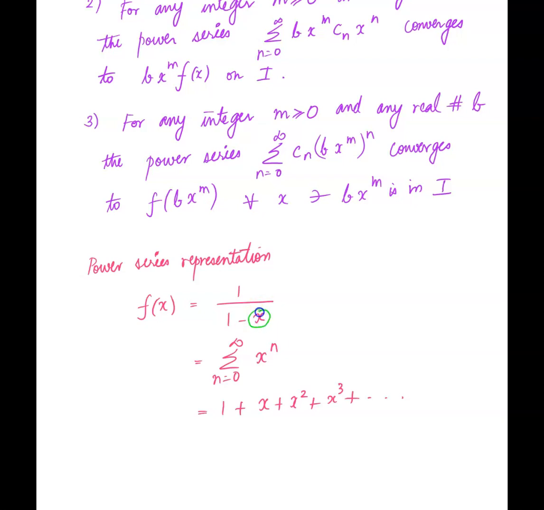Now I want you to pay attention to these things. You see this x here, you see that x here, and you see this x, right? So if I change that to, say, x squared, then they will all become x squared. If I change this to something else, then they will all change to whatever that is reflected to be, okay?